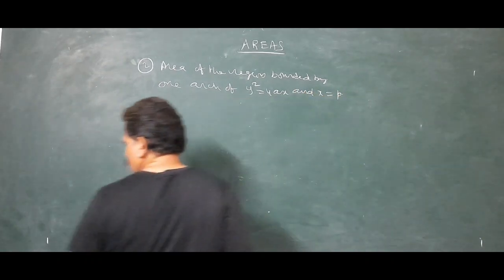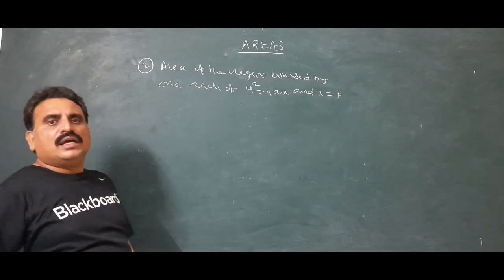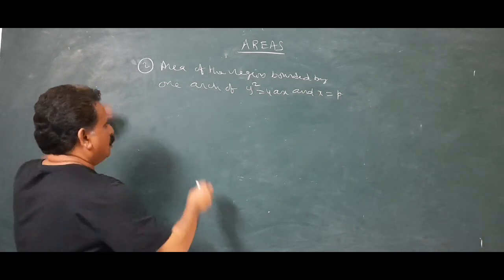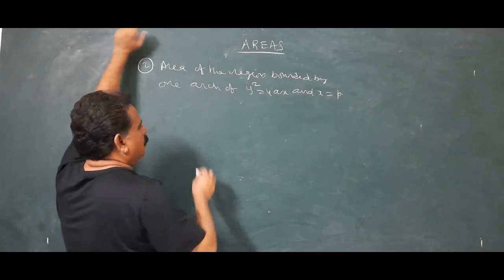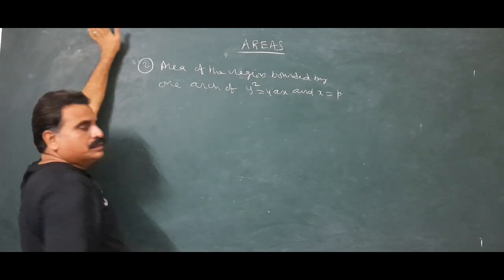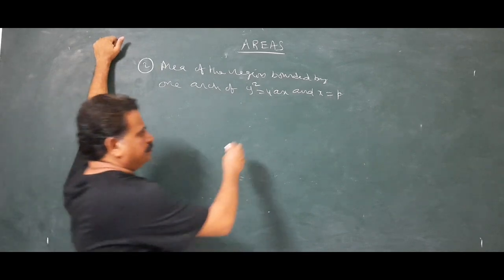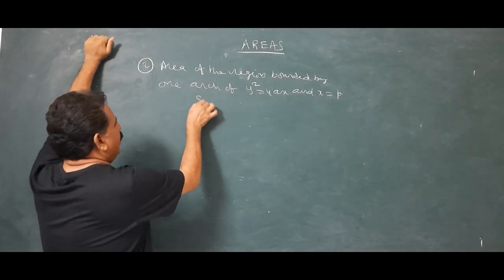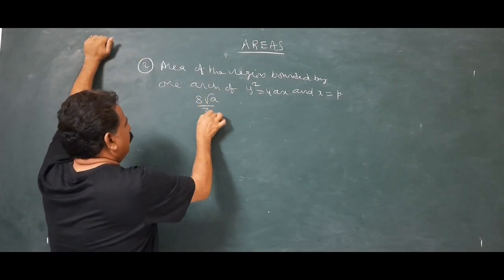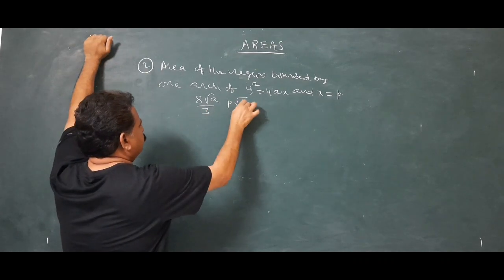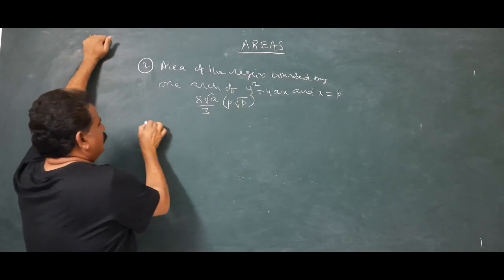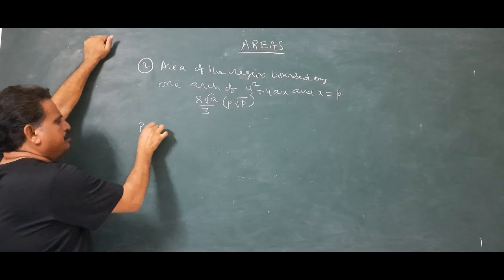This is the vertical line. Y square equal to 4ax is the parabola. That area is 8 root a by 3 into p root p. Proof. Very simple.